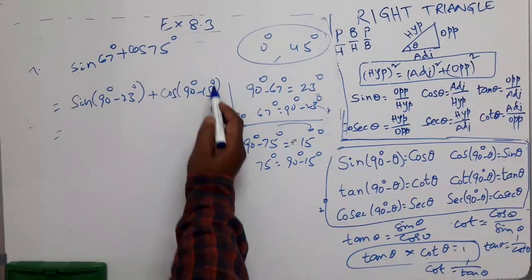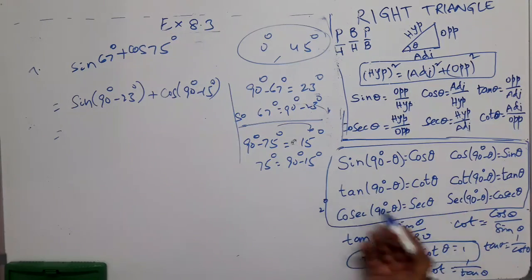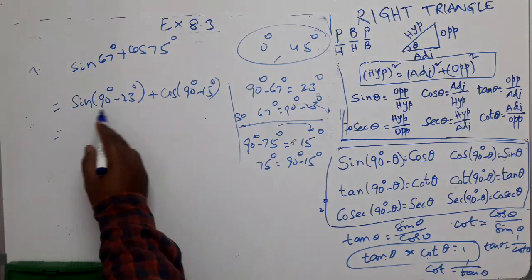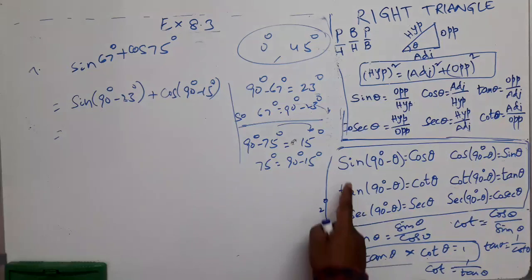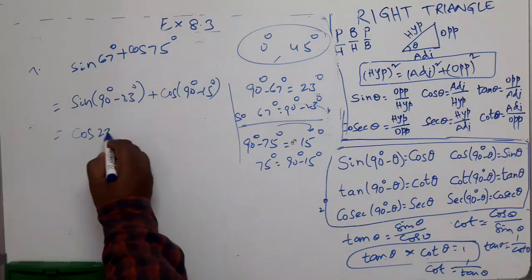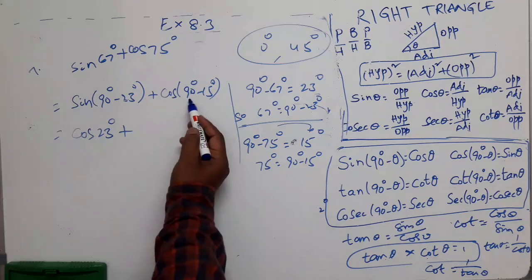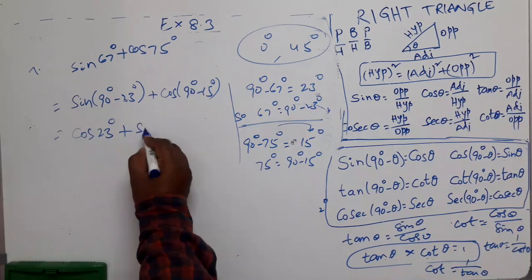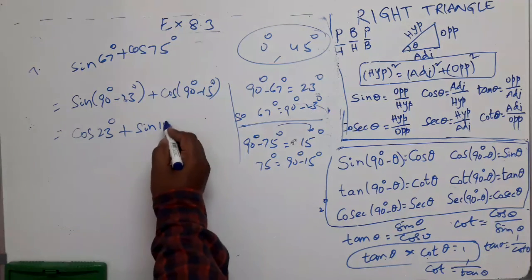Obviously, we are now going to use this formula. This is of the form sine 90 degrees minus theta. Sine 90 minus theta is cos theta. So this is cos of 23 degrees, plus, in the same way, cos 90 degrees minus theta is sine theta. So this is sine of 15 degrees.